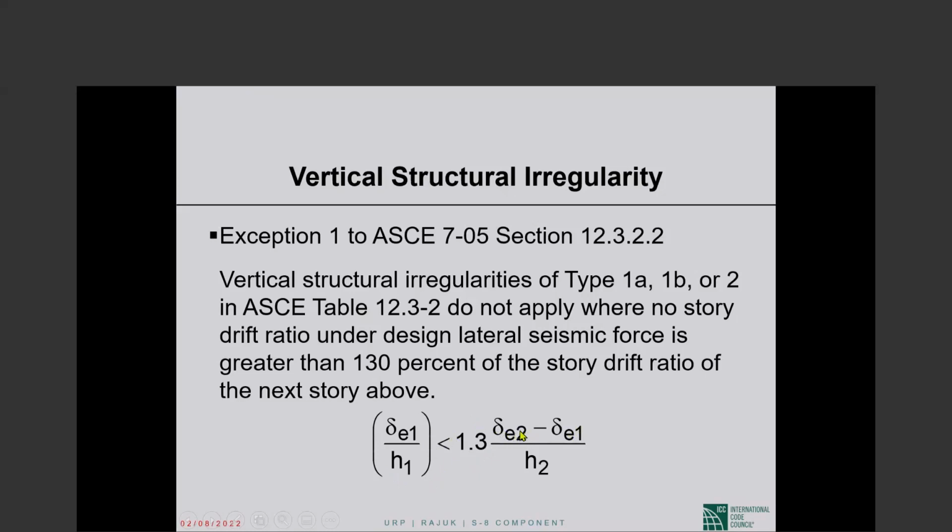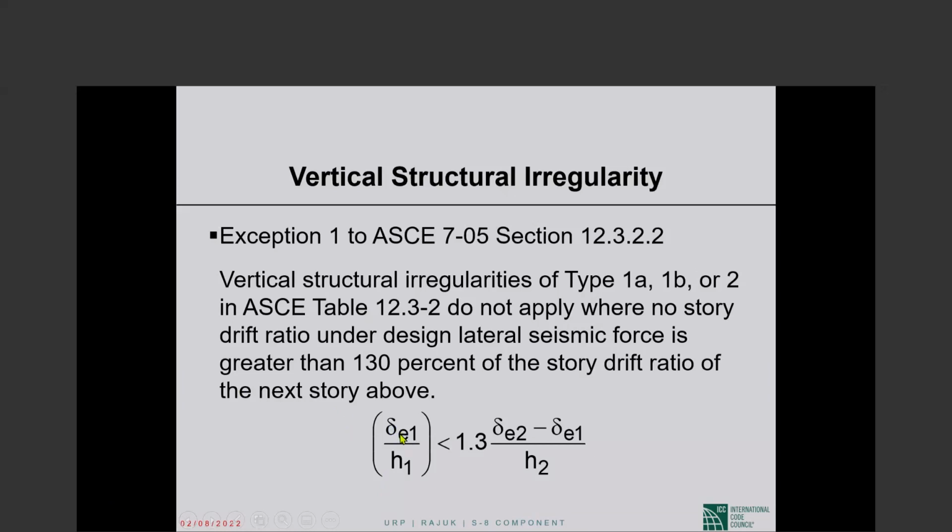That would be the elastically computed deflection at floor level 2 minus the elastically computed deflection at floor level 1, divided by the story height of the second story. So the first story, at the base, there is no deflection. So the interstory drift of the first story is delta E1.